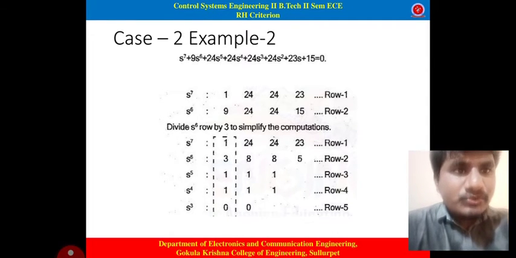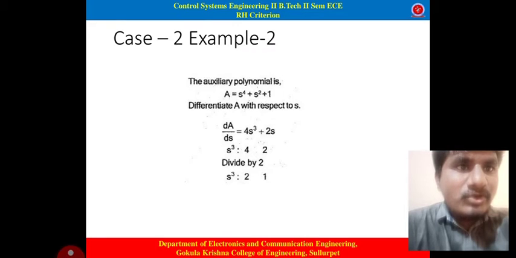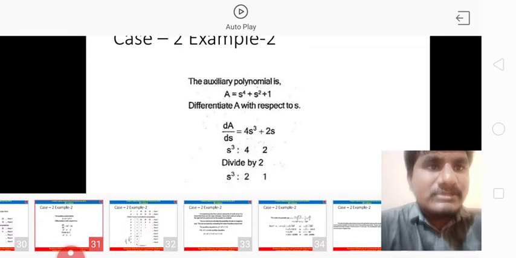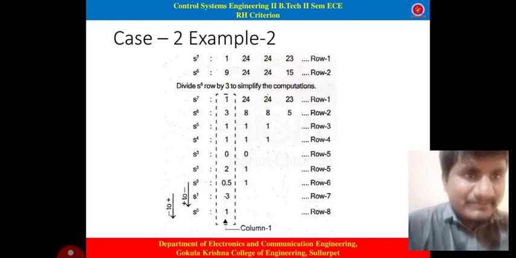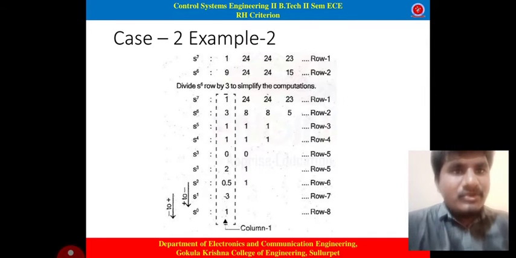So we go to the s power 4 row, write the auxiliary polynomial, and differentiate it, and we got 4 and 2. After dividing by 2 we get 2 and 1, so write 2 and 1 in the place of the s power 3 row. And then you continue.